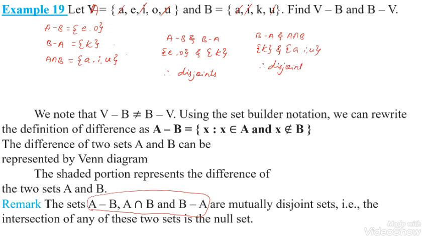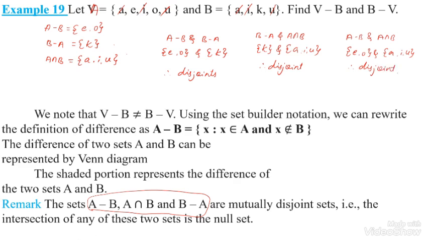And again, I will consider the first and last: A minus B, that is E, O, and A intersection B, which will be A, I, U. Here also there is no common element. Therefore, these are also disjoint sets.